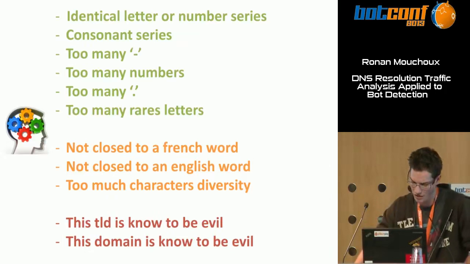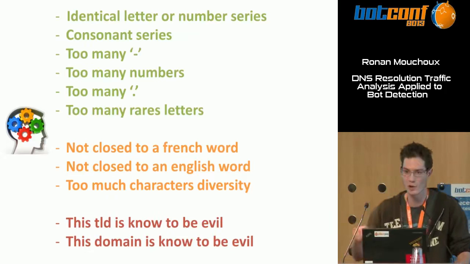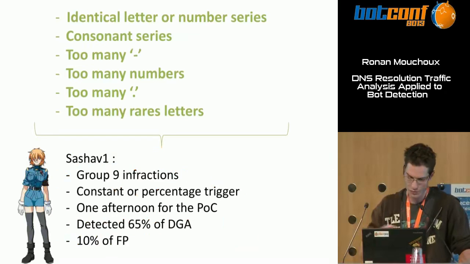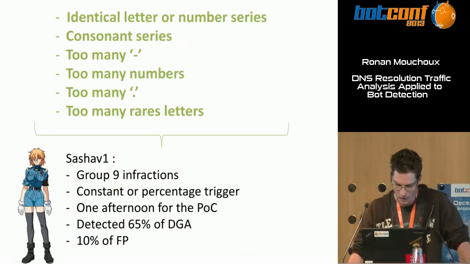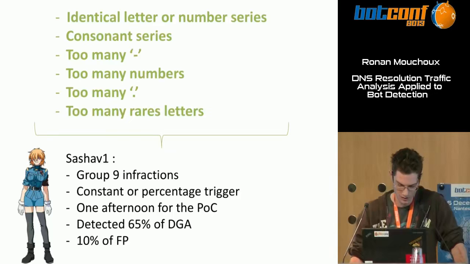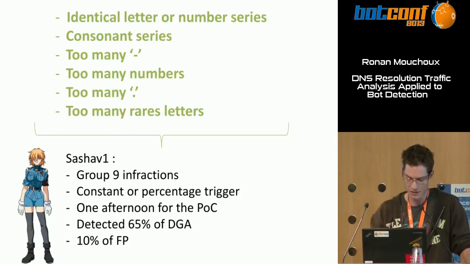You look at the entropy, and you look if you already know that the domain name or the TLD is to be abused. So the first rules were grouped in Sasha. It was coded in one afternoon, with the time to learn Python, and it detects 65% of DGA.